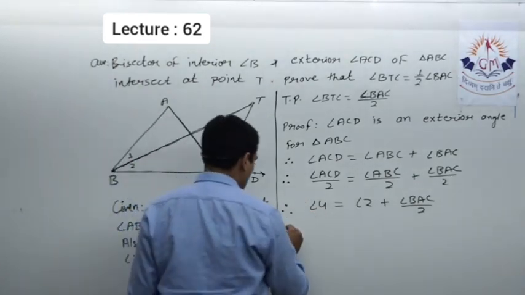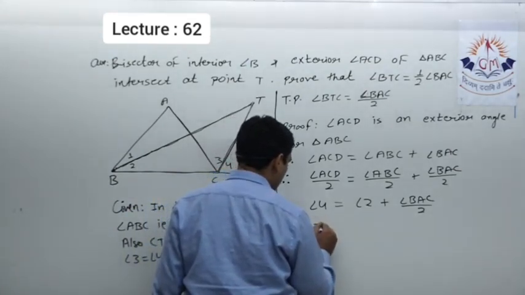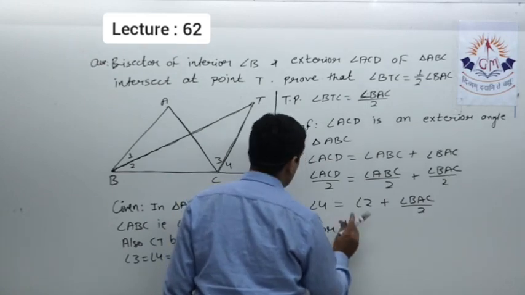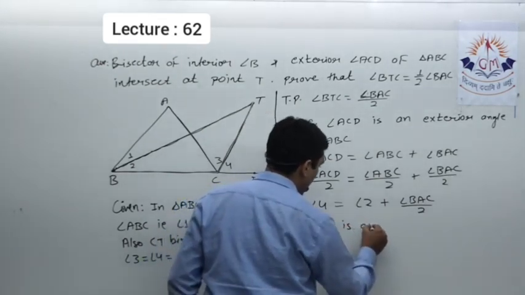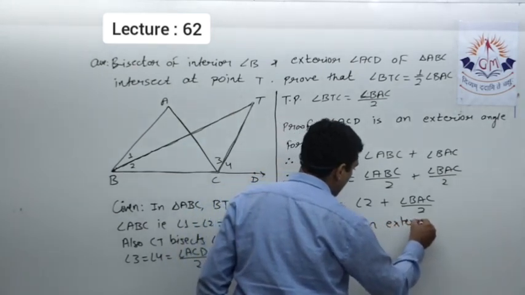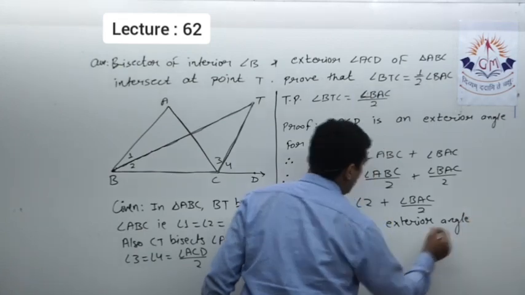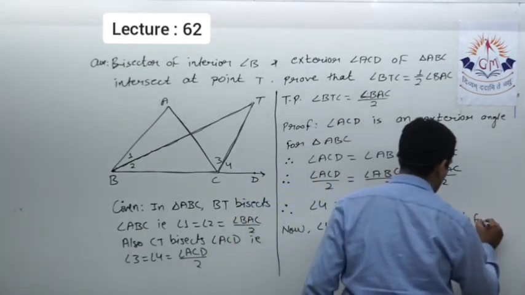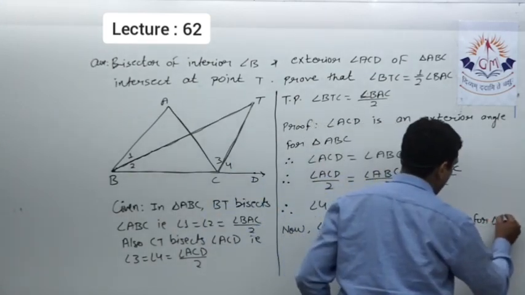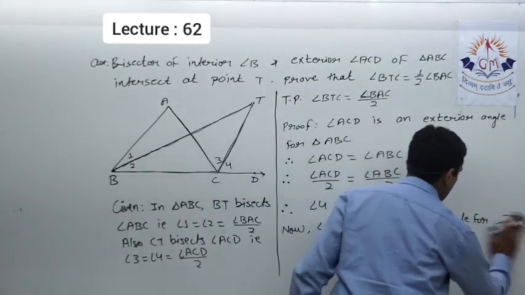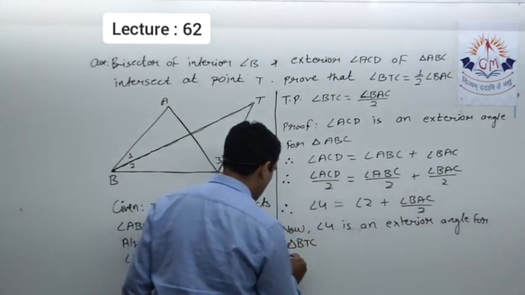So angle 4 is an exterior angle for triangle BTC.